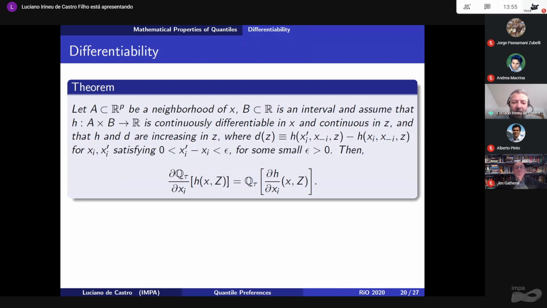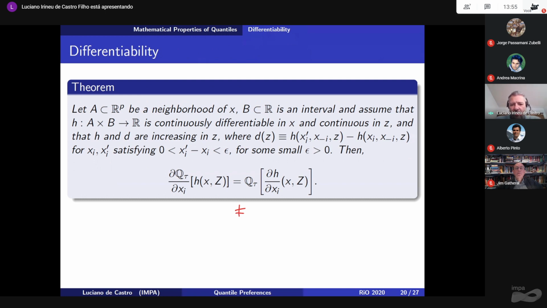Remember that I said that in general you cannot put the differentiability result inside the quantile. Of course, you can do this for expectations, provided that you have integrability conditions. But in general, these equalities are false, and it's not that difficult to find counterexamples for that.